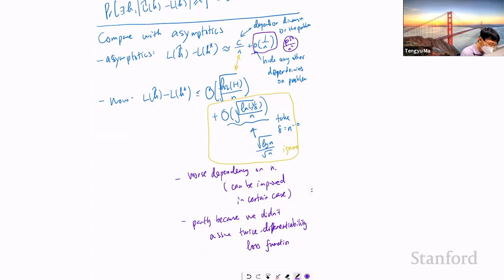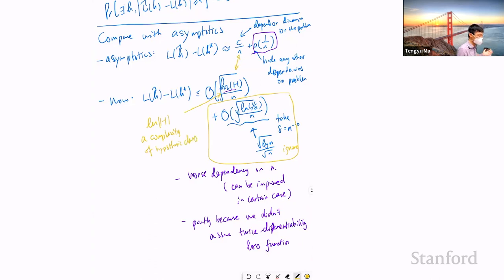So this was the issue we mentioned last time about asymptotics, and now we fixed that issue, and that's the main benefit we gain. We don't have hidden dependencies, and we also explicitly see how this depends on the complexity of the hypothesis class. You can think of log H as a complexity of the hypothesis class.